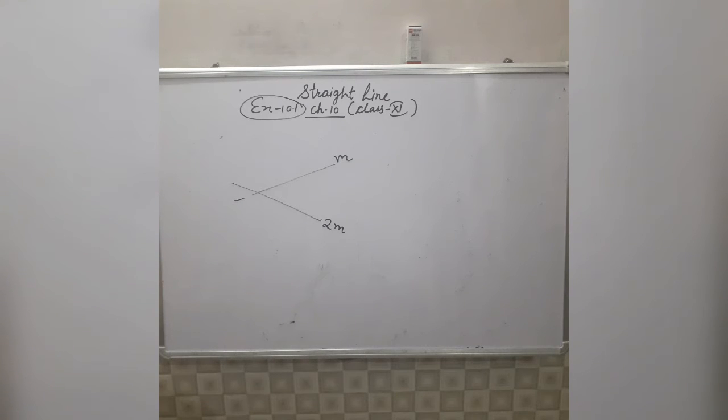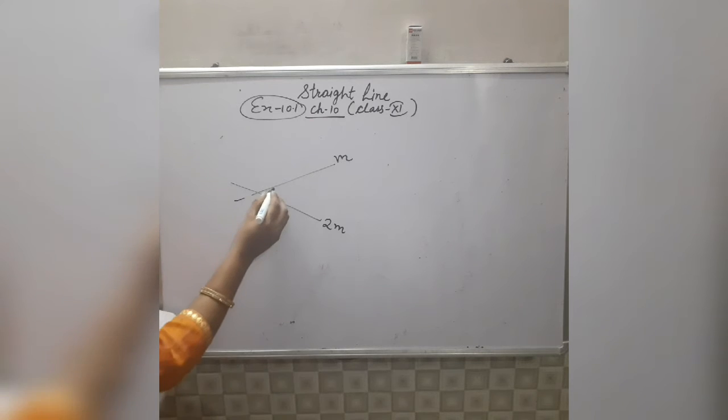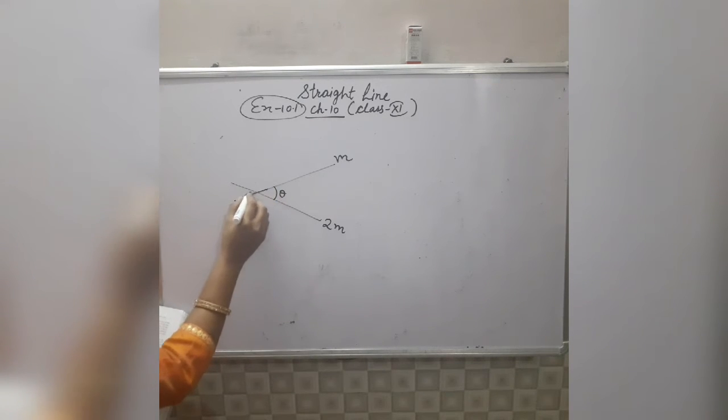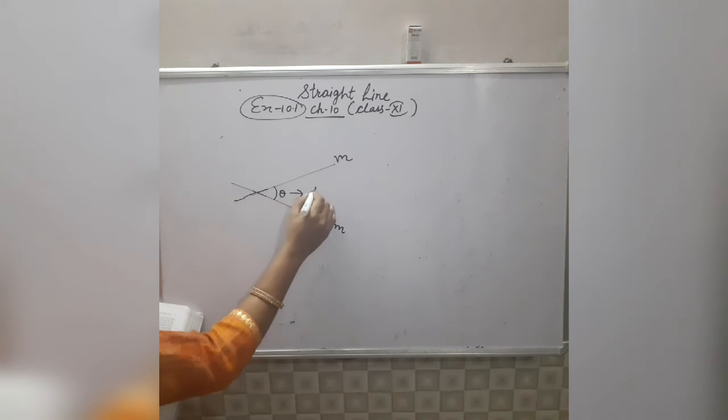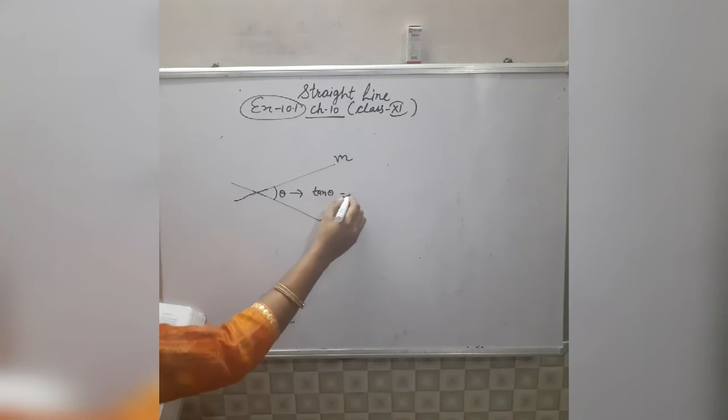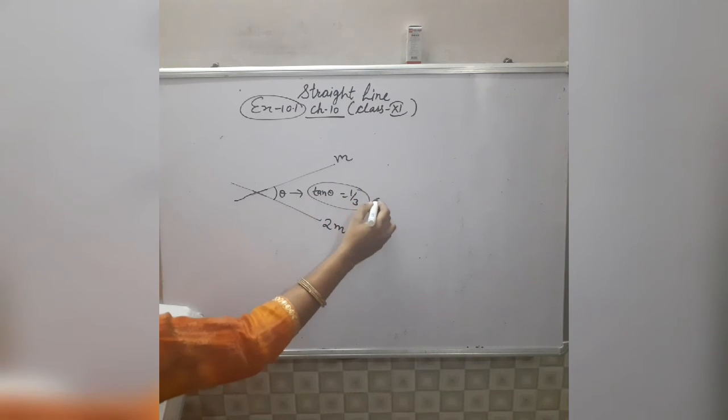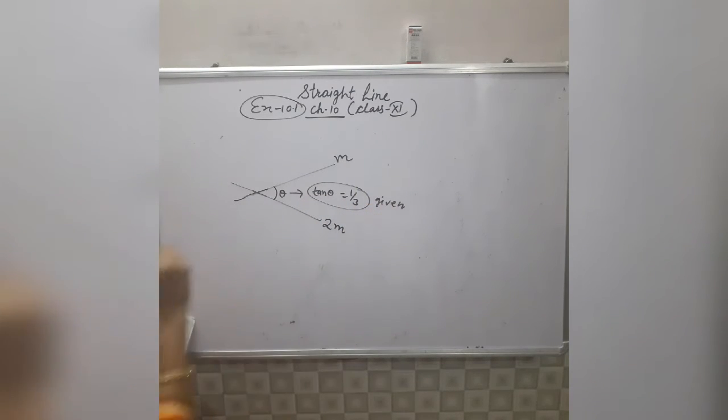What is given? The tangent of the angle between them is 1/3. Let us suppose the angle between these two lines is theta, and the tangent of this angle equals 1/3. Then find the slopes of the lines.